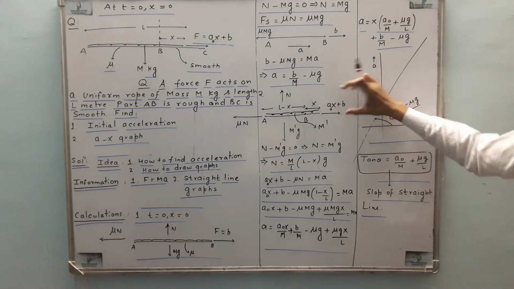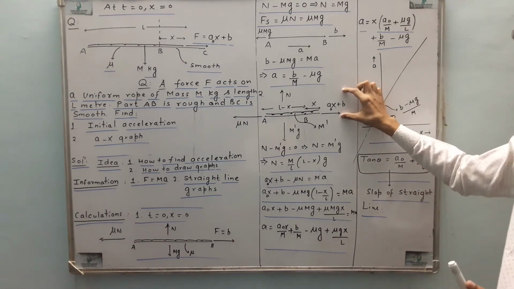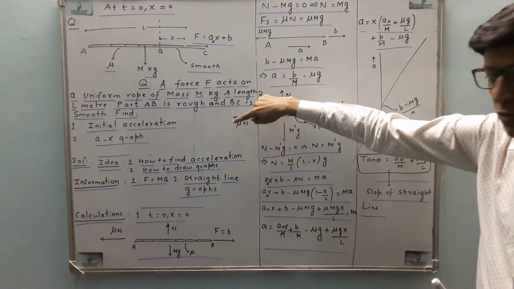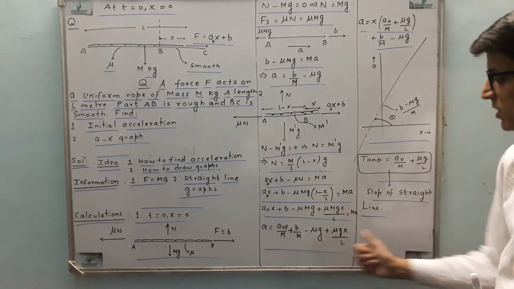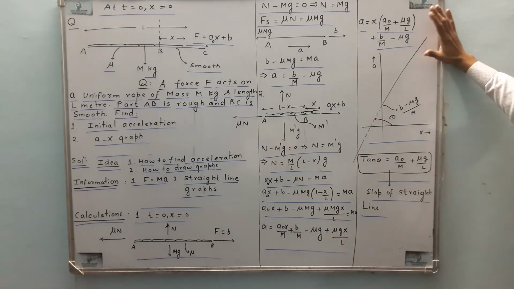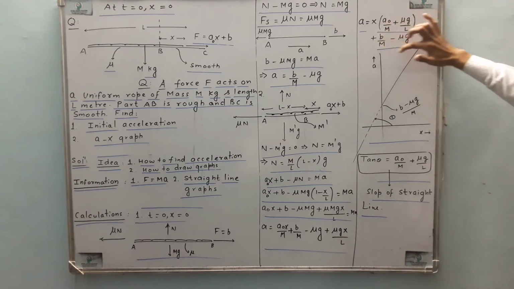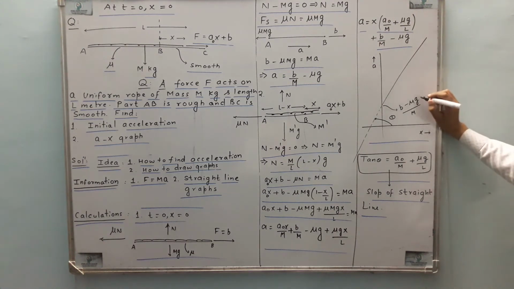So for this system we can write that A naught x plus B minus mu M upon L, L minus x, g is equal to M into a. Substituting the values, we get a as this. This is simply the equation of a straight line with intercept B minus mu mg by m.